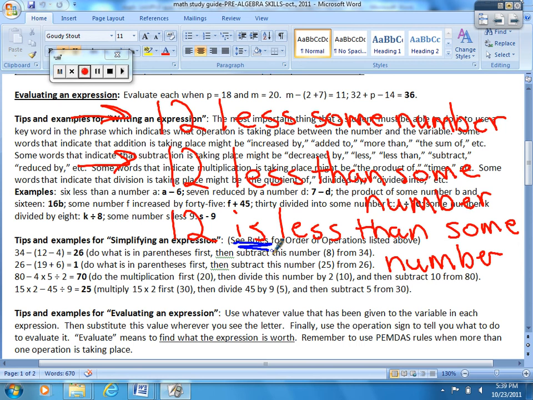So this is going to have a sign here between 12 and my word phrase. All right, so I'm going to do that. Now, in math, we know that this is the symbol for less than. So this last one says that 12 is less, and I'm going to use n for some number, than some number.